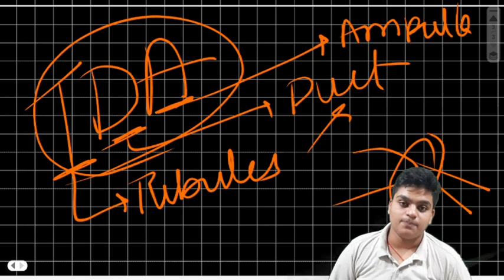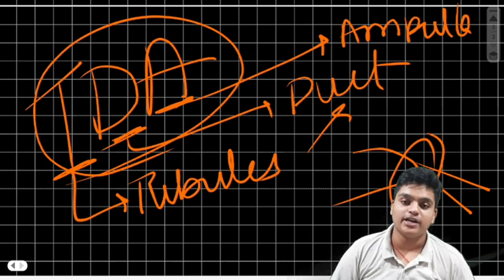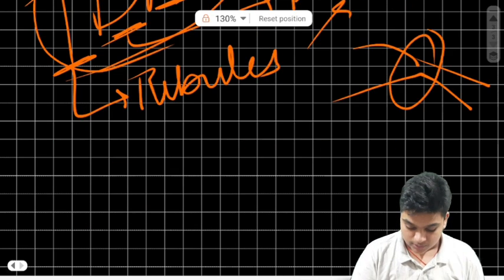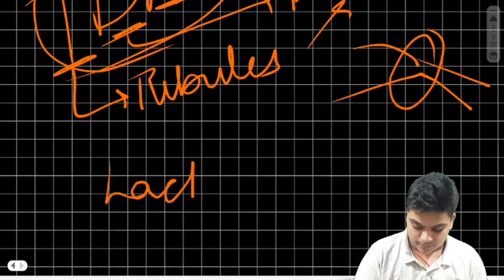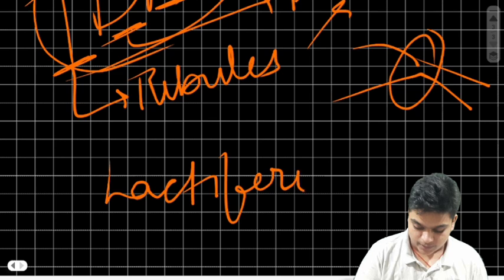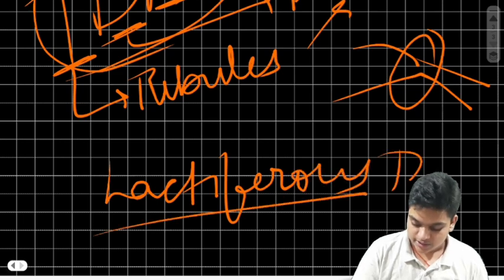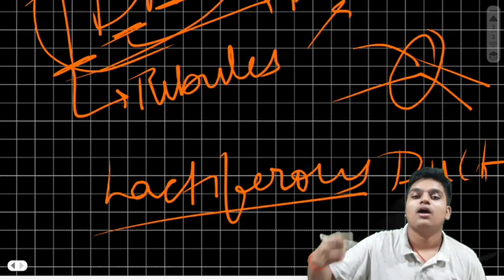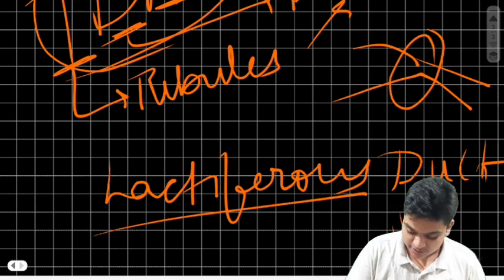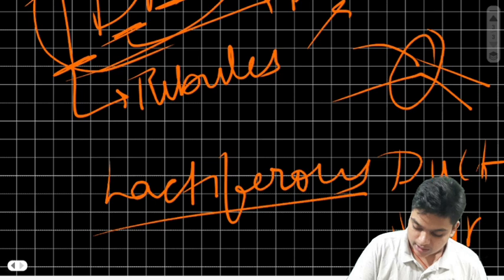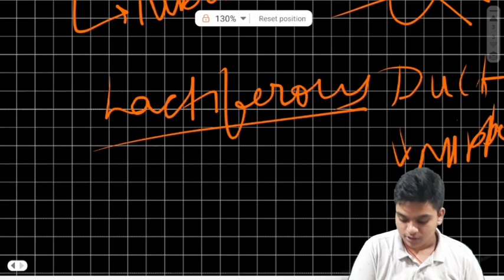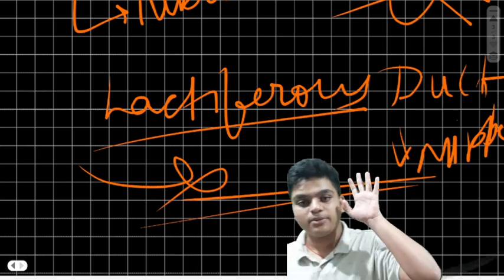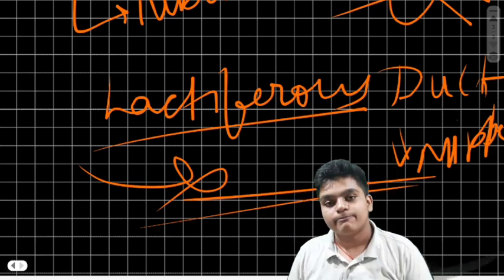Now here you have an exception. After this ampulla, there is one duct which comes, that is called the lactiferous duct. It comes after the ampulla and connects the ampulla to your nipples. After this, the lactiferous duct is followed by the nipples, and this is the end of the female reproductive system, and this also comes under the female external genitalia.